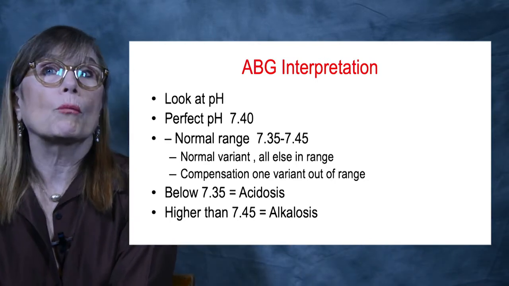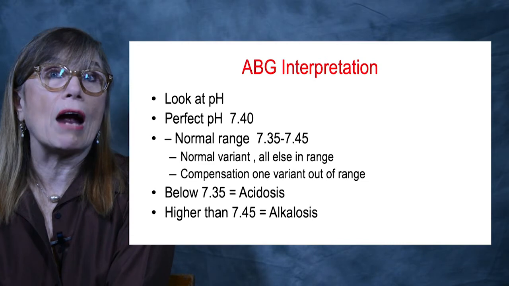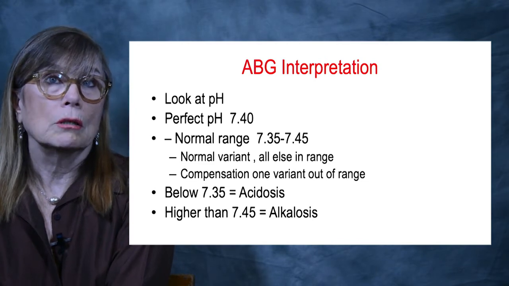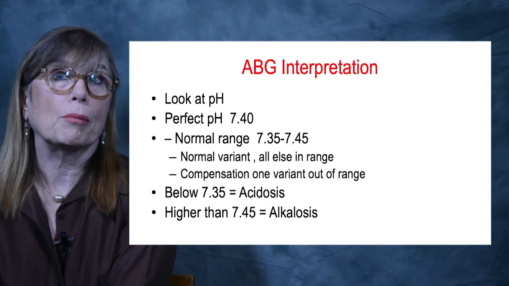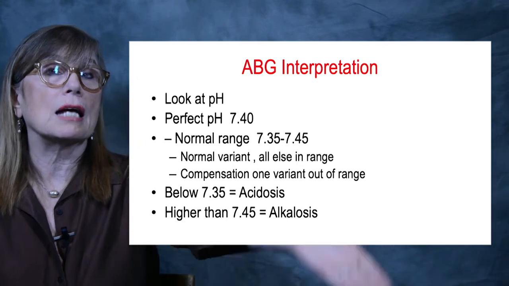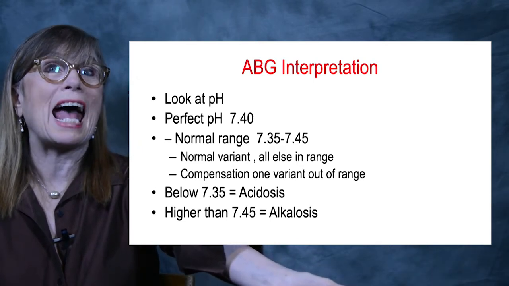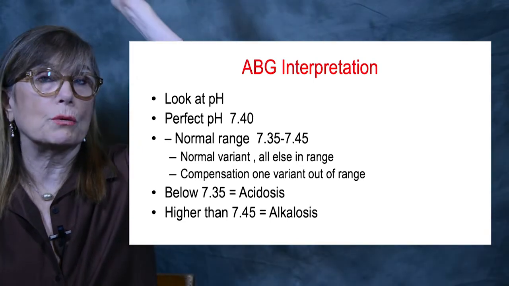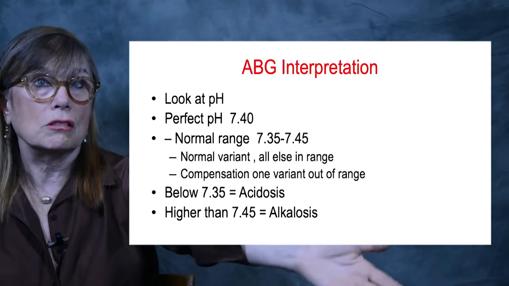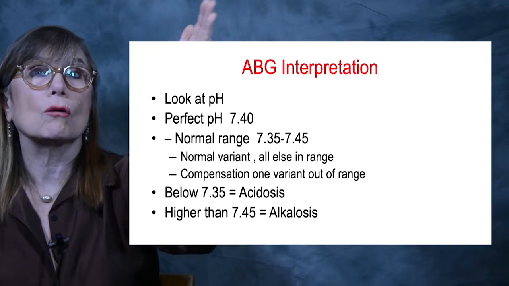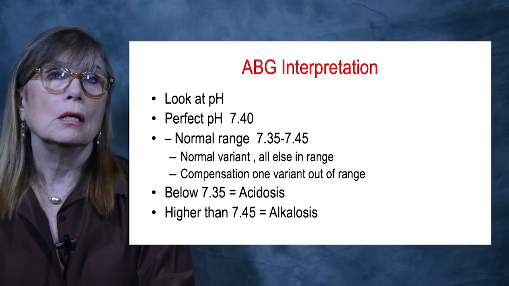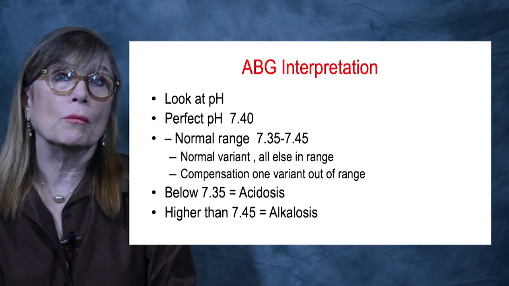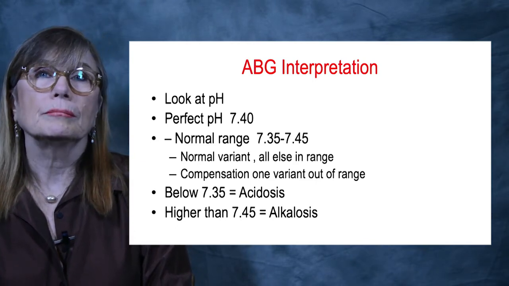If you are in the range, but you have one variant out of range, you have to determine what the problem is. So if the pH is less than 7.40, that's an acid problem. If the CO2 is 60 and the pH is 7.36, that's a respiratory acidosis. But because you're in the range of normal, it has to be compensated.